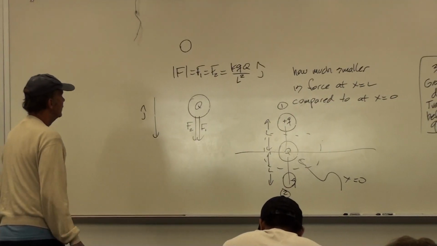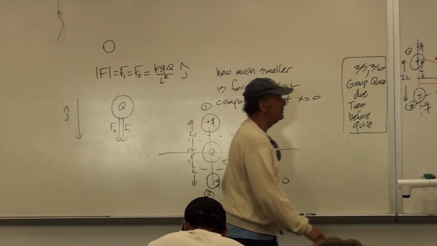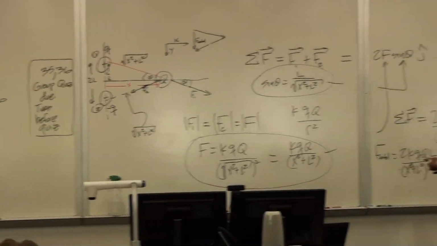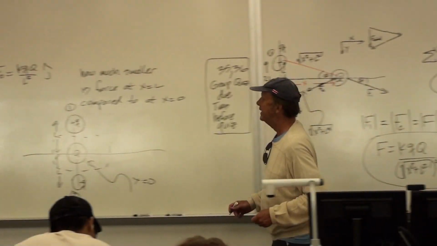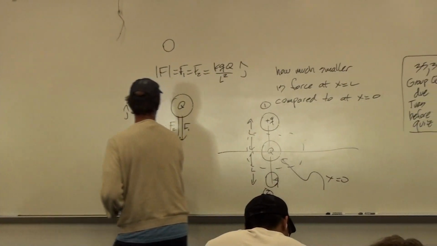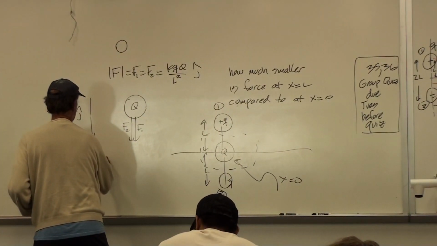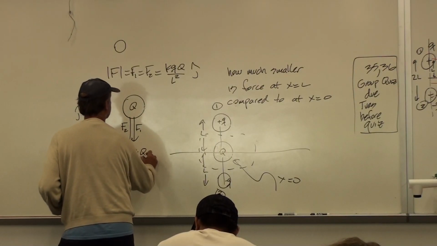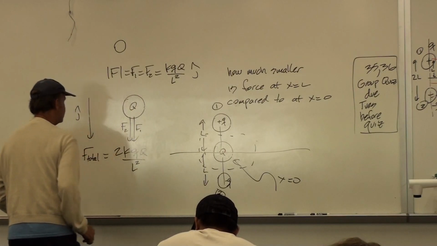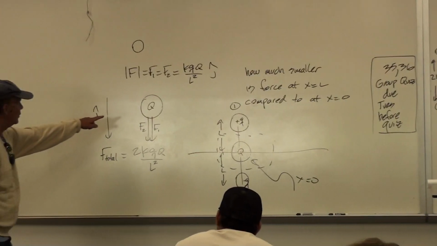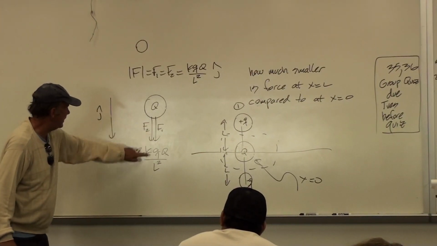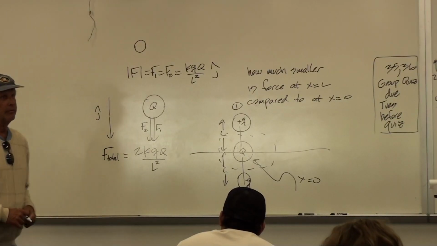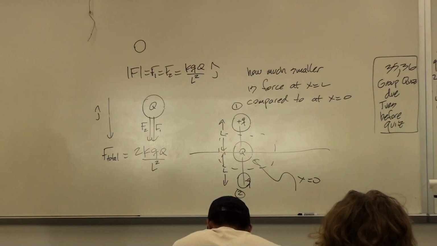And so then let's see if that reduces to this expression when we add them together. So F total would equal 2k little q big Q over L squared. Does everybody see that? That's going to be our F total when we add up the F1s and the F2s. We just get twice what it is for one of them because of the symmetry of the problem.